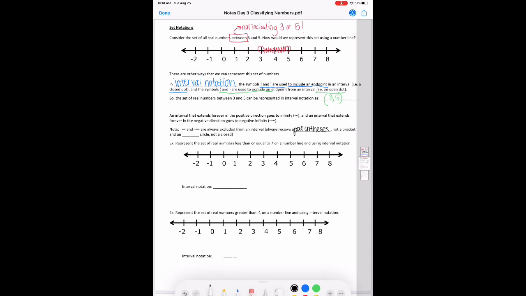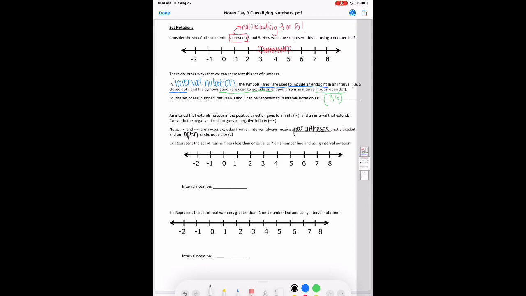And so parentheses, that's an open circle. Why is that? Well, guys, infinity is not a number. It's more like a concept. It just means we go on forever. So if it's not actually a number, how can you include that number? Because it could be any number, really.